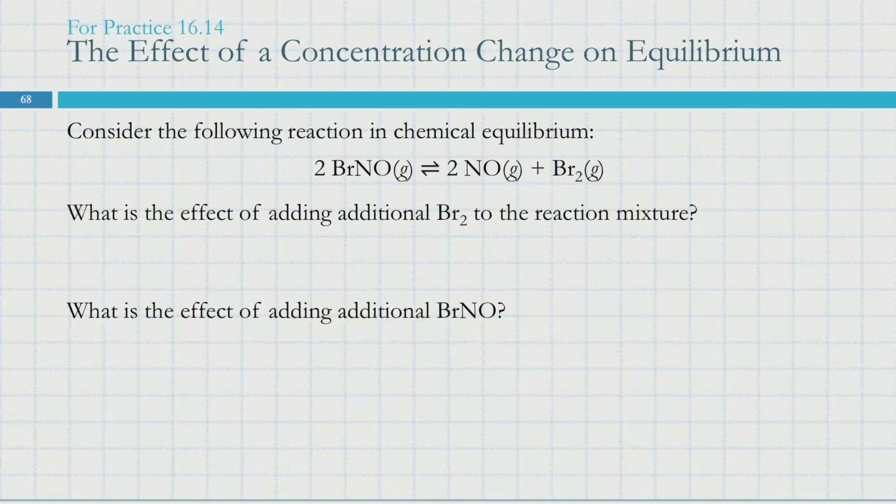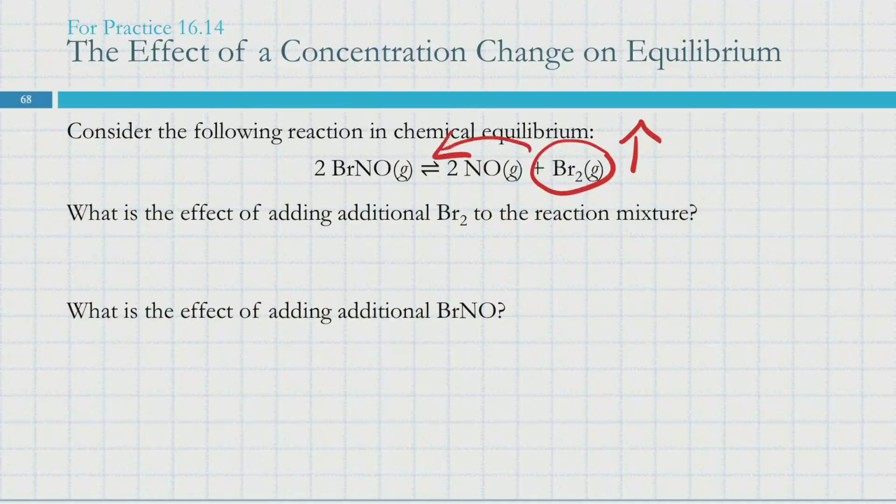All right, we have this reaction. It's in chemical equilibrium. What happens if we add bromine to the reaction mixture? What happens if we add BrNO to the reaction mixture? If we add bromine, it'll shift to the left.